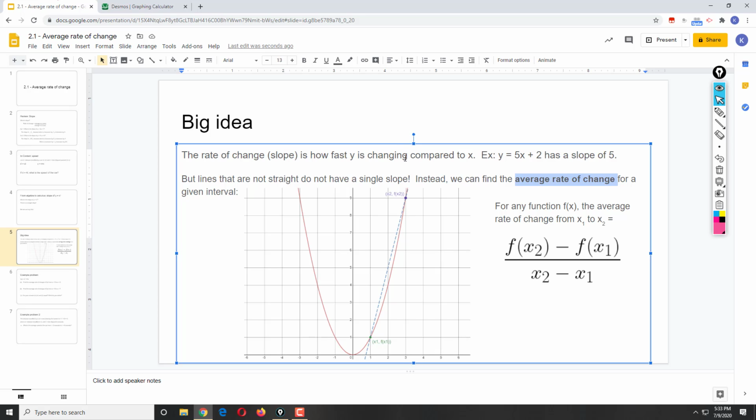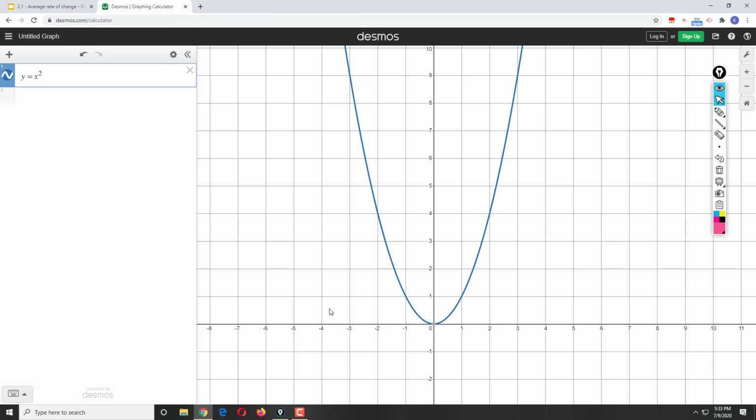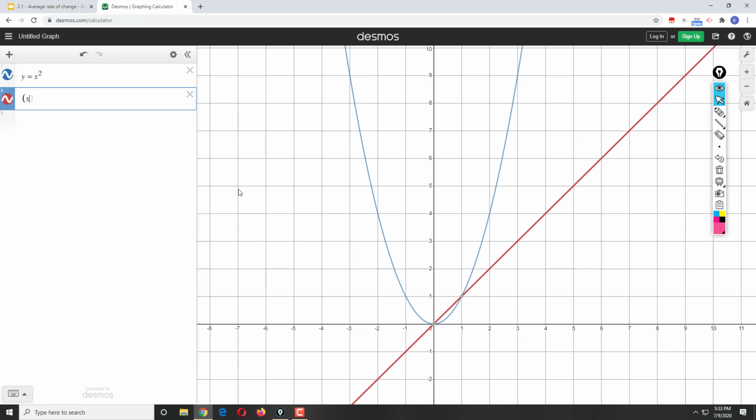So again, the rate of change, the slope, is how fast y is changing compared to x. Lines that are not straight do not have a single slope. Instead, we can find the average rate of change for a given interval. For example, let's go to our graph. Let's take an interval. Interval is just any area. For this one, let's think about the interval x equals 1 to x equals 3.